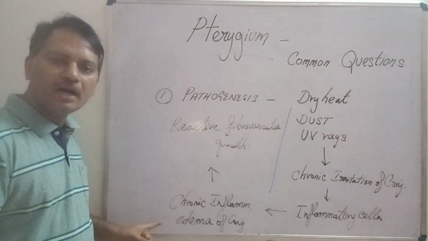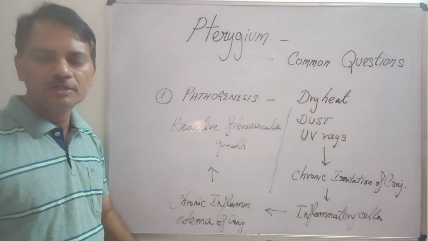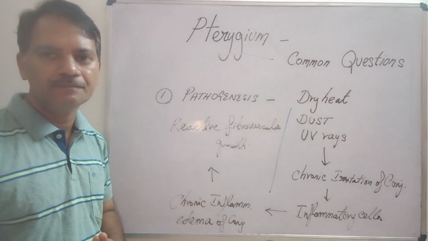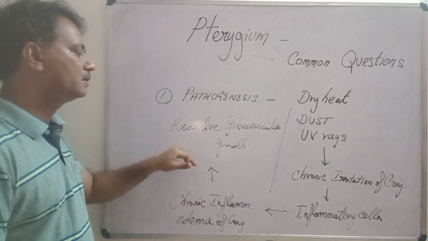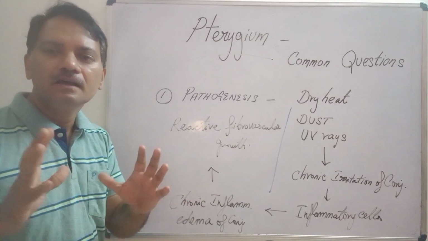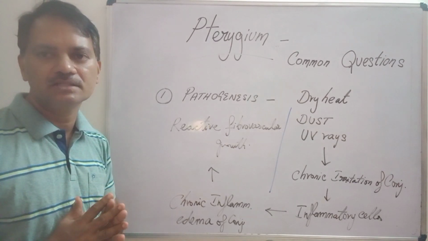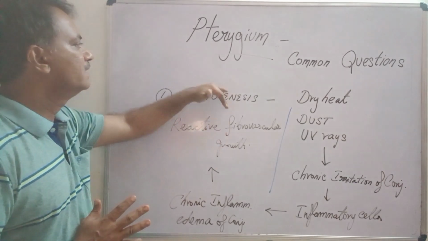That will lead to a chronic inflammatory edema of the conjunctiva, which will be present there for a very long time, that leads to a reactive fibrovascular growth in the conjunctival portion. So this is the pathogenesis of the pterygium.